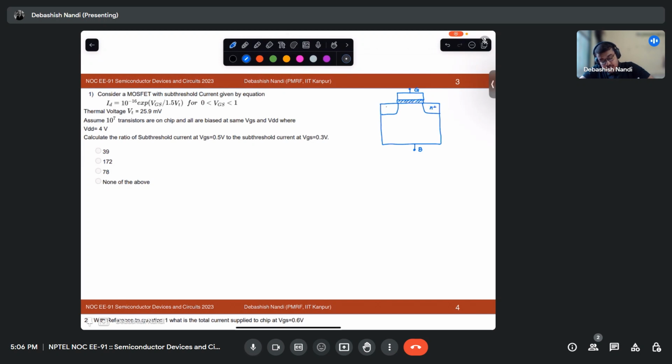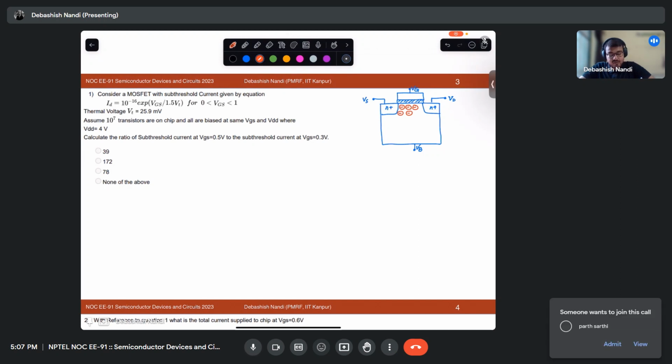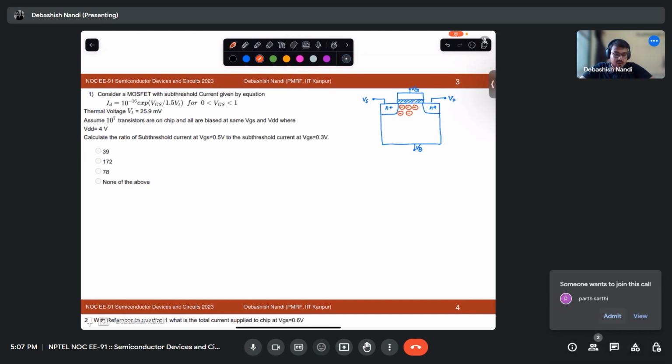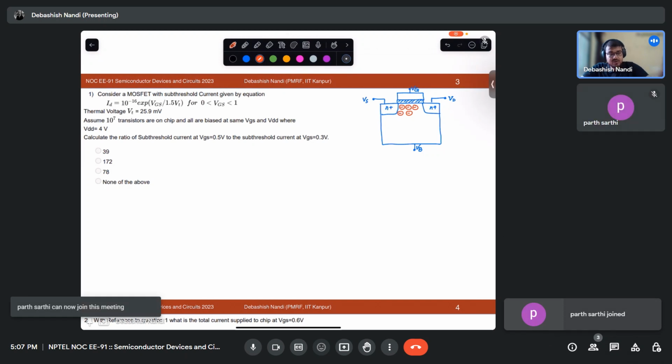This is your N plus diffused or ion implanted source and drain. Let's say this would be your VD, this would be your VS, this would be your VB, and this would be your VG. So in general, for the operating condition, when VG is greater than your VFB, the flat band voltage, depletion will start to occur.